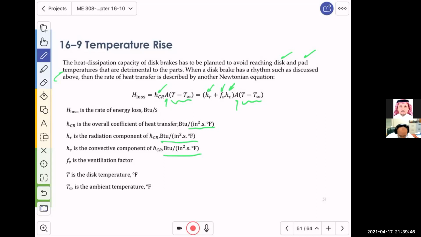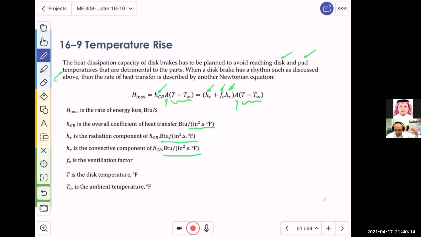HC is the convection component, and FV is the ventilation factor. So you can't ignore the fact that it might look terrible for a designer how to deal with heat dissipation in cars, especially when people are reckless or there are conditions where people have to apply the brake a lot, one after another.